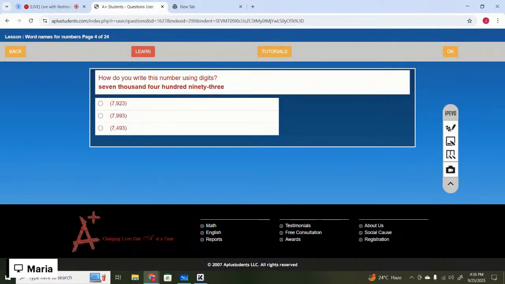How do you write this number using digits? 7,493. 7,430. 493, which is the correct option.